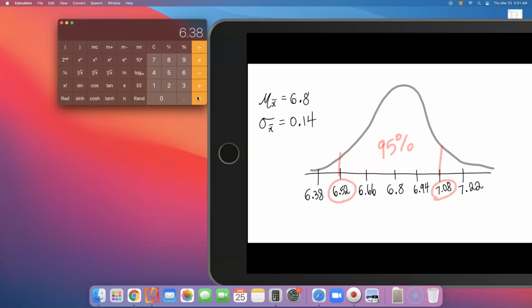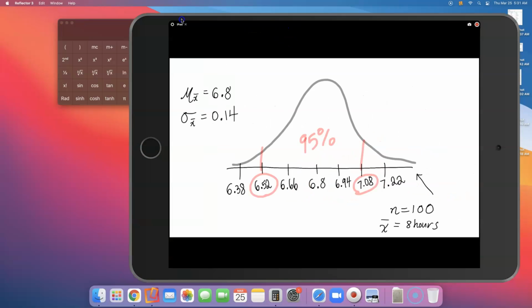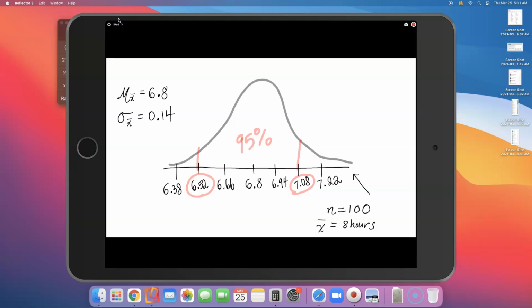So I go out there and collect a sample of n equals 100. And if the x bar comes out to be, let's say, 8 hours, you notice how 8 hours is way out there? That will tell me, oh, that is very unlikely. Maybe my sample was biased so that it gave me a very unusual sample mean.